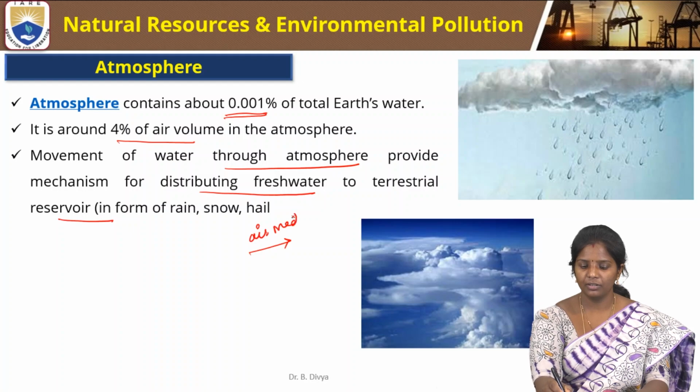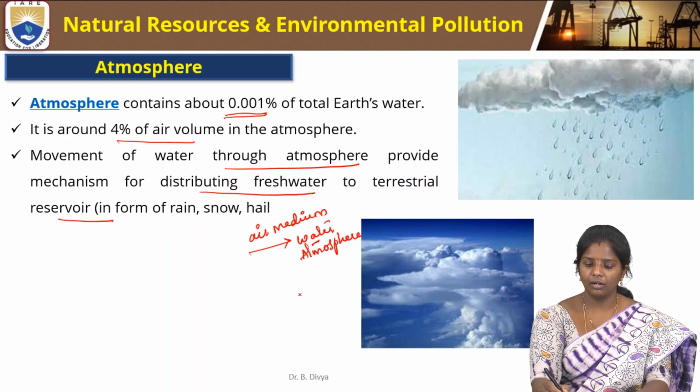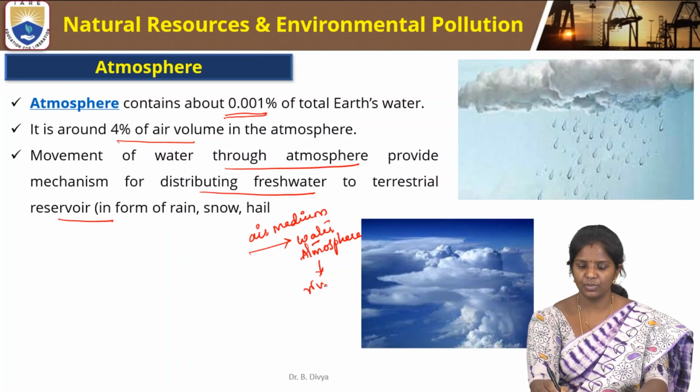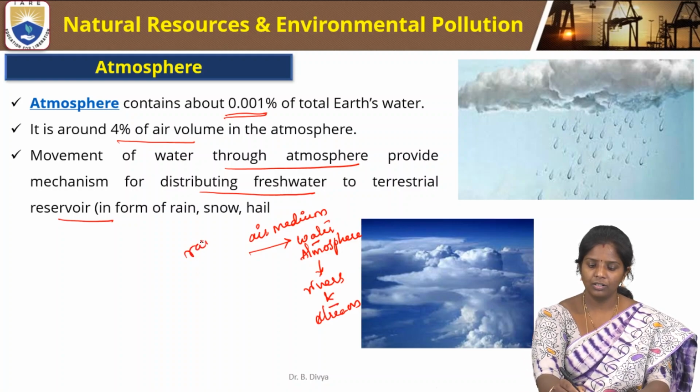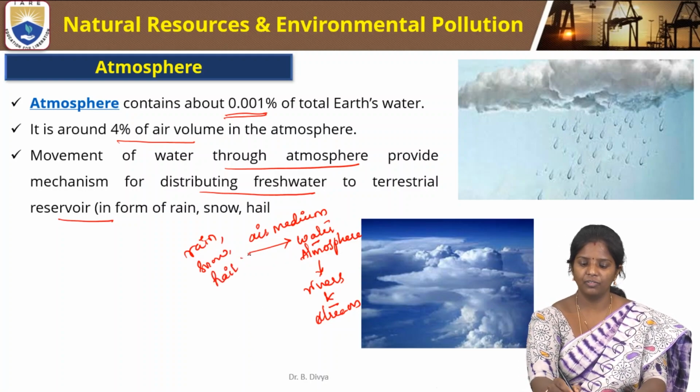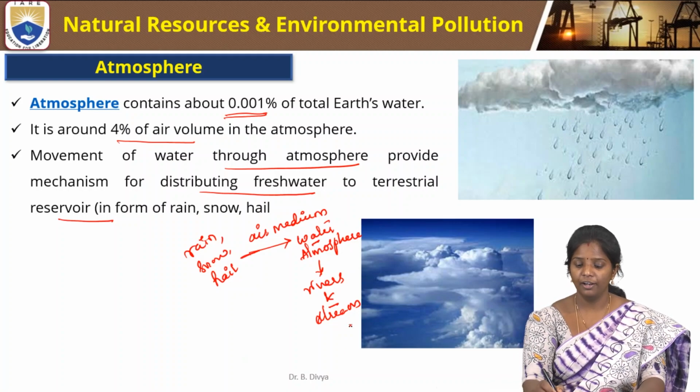Air is a medium that helps in the travel of this water present in the atmosphere, and it deposits in the rivers and streams. It can be either from rain, snow, or hail. All these forms of water move with the air medium to the rivers and streams, providing fresh water.